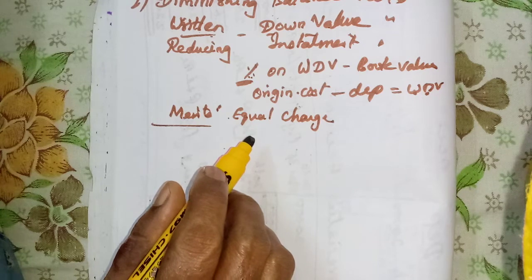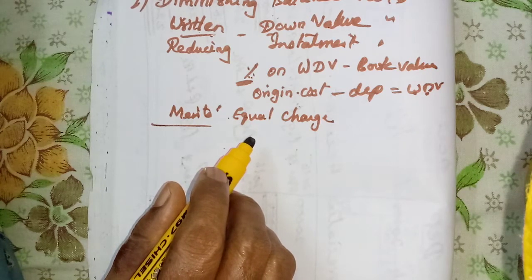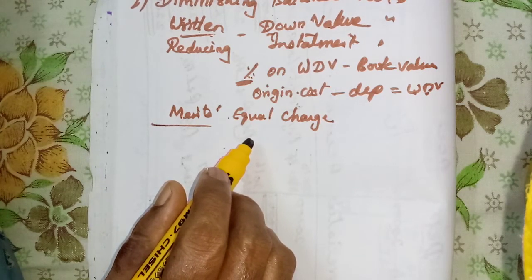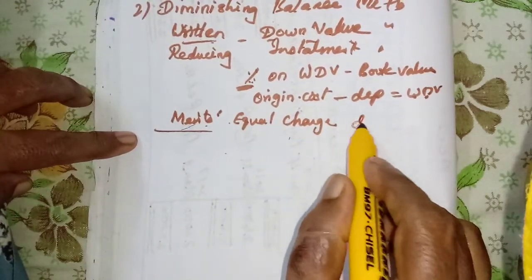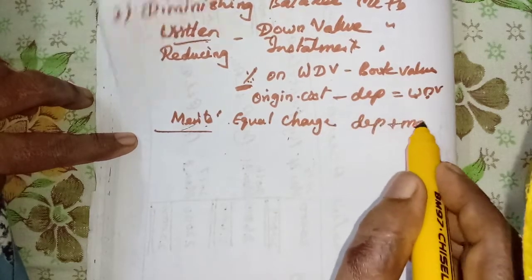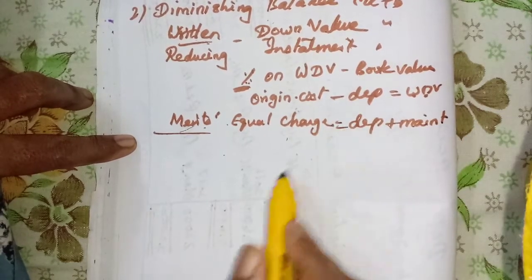Around the end of the life of the asset, the depreciation will get reduced. So when they add the depreciation and maintenance cost, it will be the same.